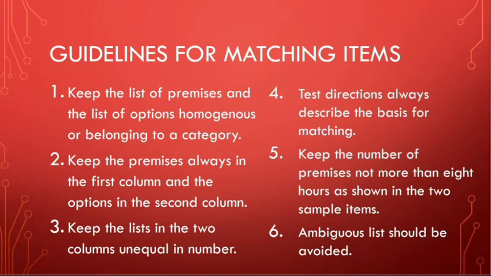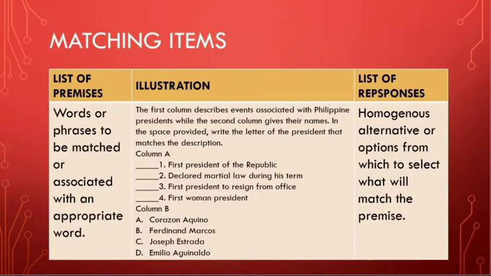First, you keep the list of premises and the list of options homogeneous or belonging to a category. So just like in our example, going back to this slide, it's all about the presidents. Okay, these are homogeneous alternatives, so you should not be mixing or combining other items aside from the presidents.